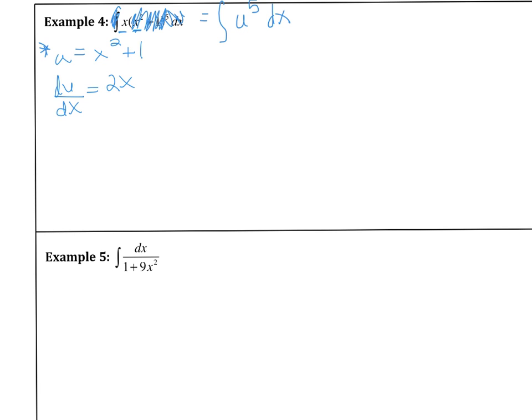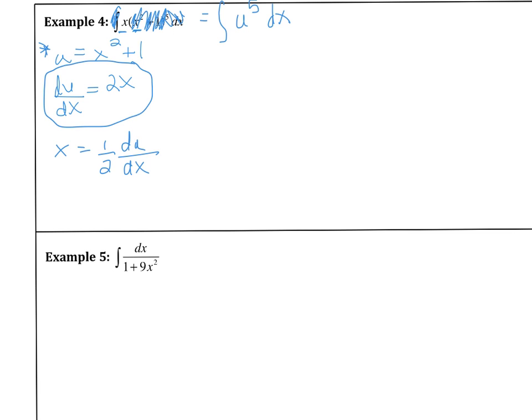I need something that's exactly equal to x. I don't have that at the moment, but it won't be hard to get, especially if I do a little bit of algebra right here. If du/dx is equal to 2x, and I divide both sides by 2, I can figure out that x is exactly equal to 1/2 du/dx.